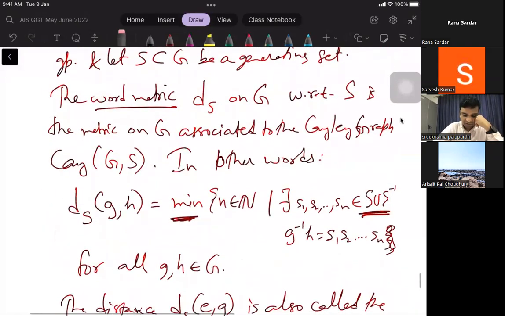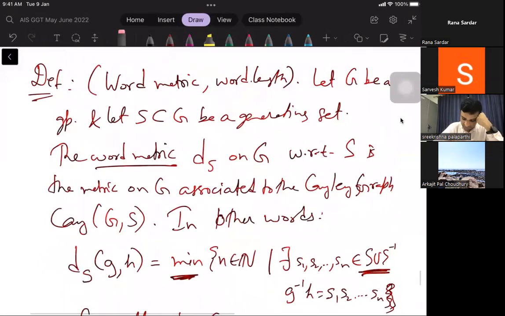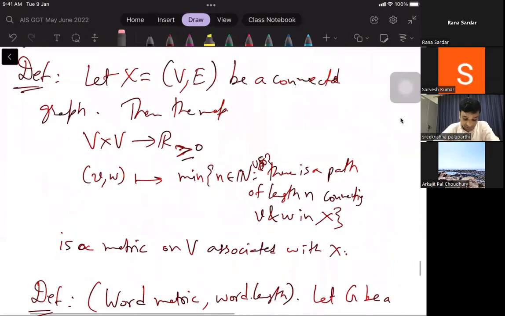So please go back to the definition of the metric on the graph. Okay, is the minimality always existing? There exists a path, right? Yes. It's a connected graph, so a minimal path will exist.